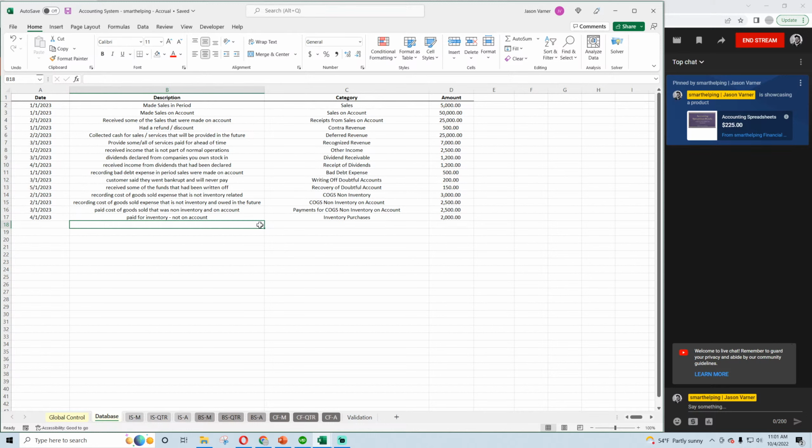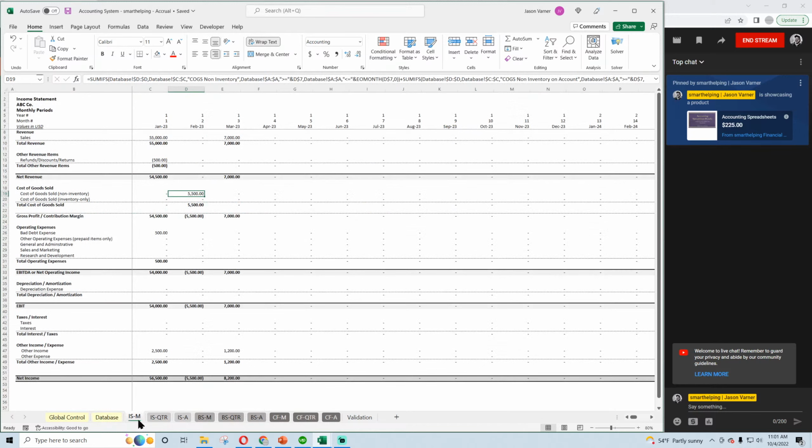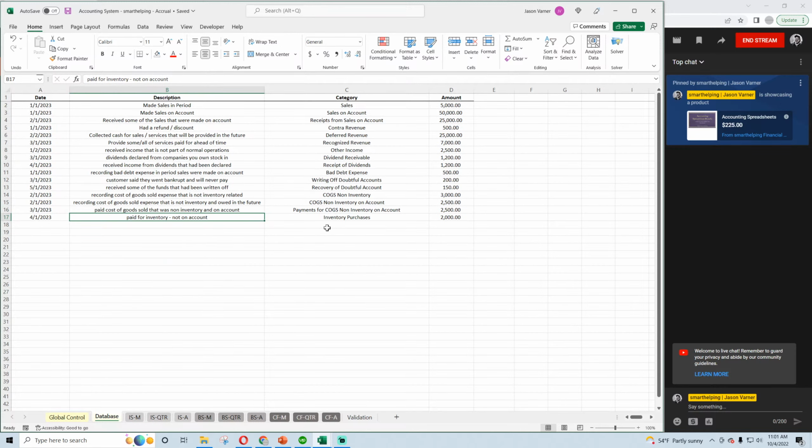Now with accrual basis, you could have it on account or not. It depends on if it's on account. Inventory will not hit anything on the income statement yet. When it will hit is when we define cost of goods sold for inventory items, which is after this, but this doesn't necessarily have to be in order for me to check it.